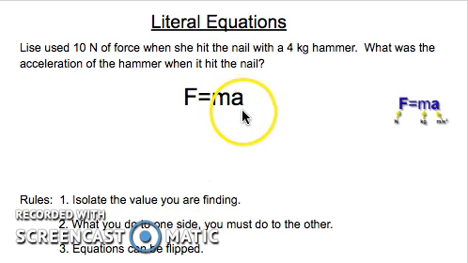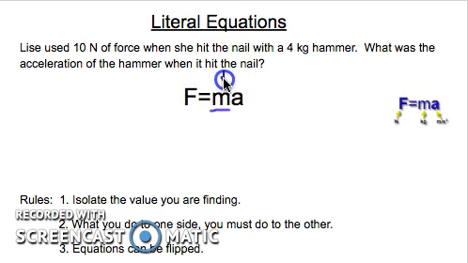So why don't we just do that? We want to have a by itself on this side of the equal sign. So here is one way you can do that. M is multiplied times a in the regular formula. But we want to get rid of this m.